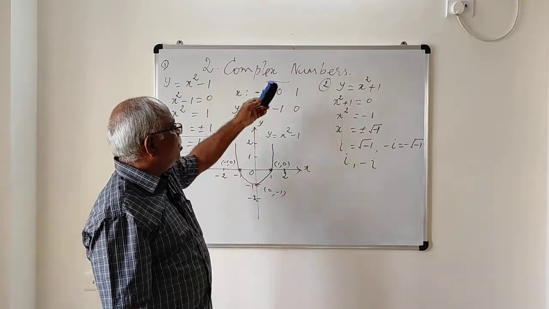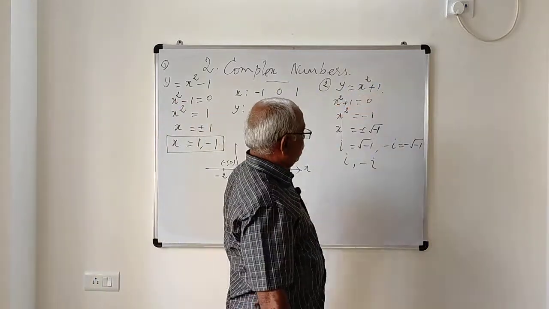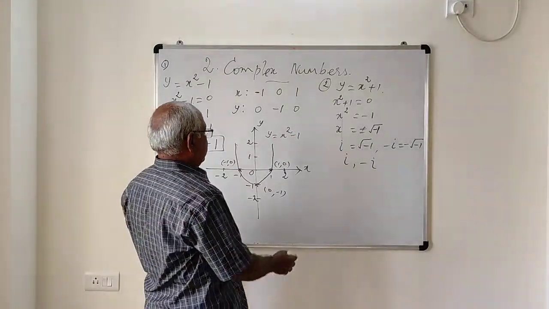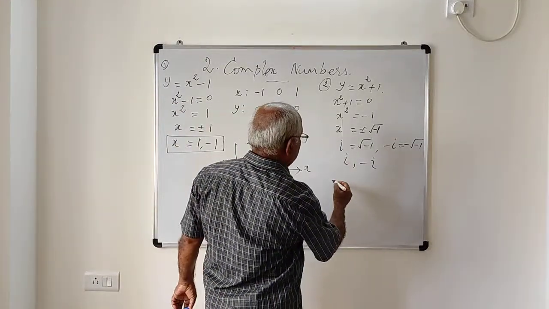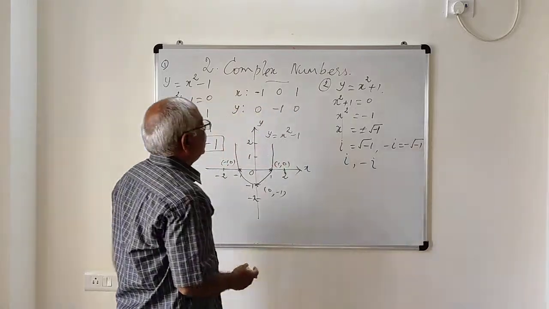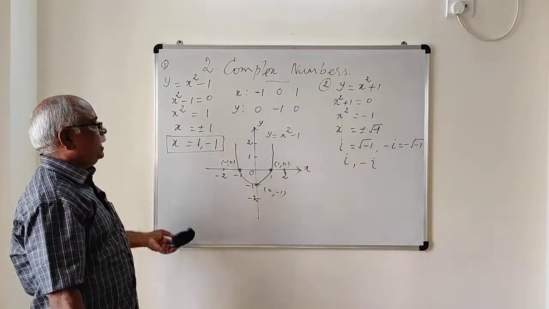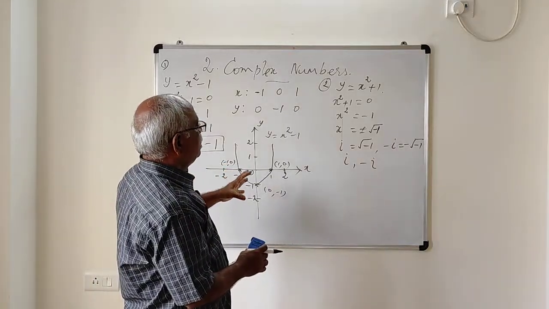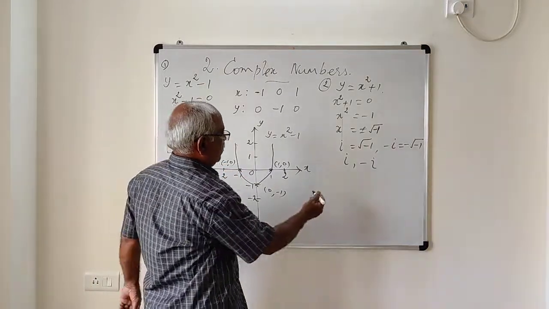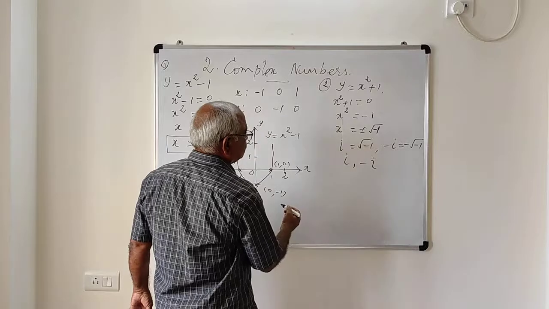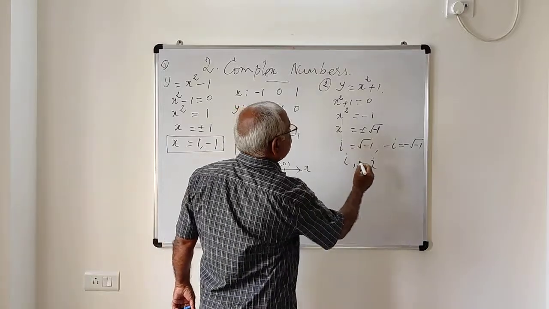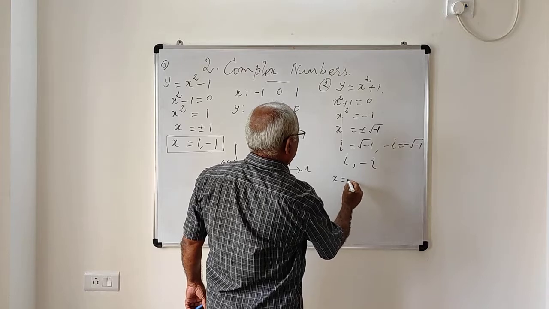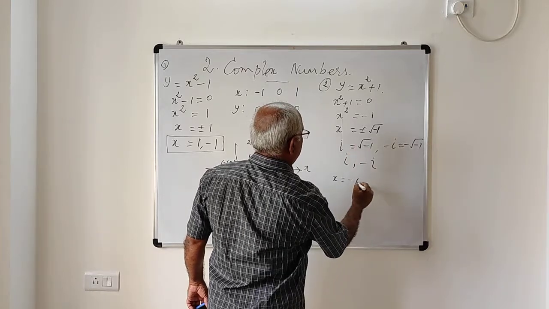Now, for y equal to x square plus 1, we are going to draw a graph. For that, we consider the values. Shall I erase this graph? Or otherwise I can draw the graph here. If x equal to minus 1, what is y?